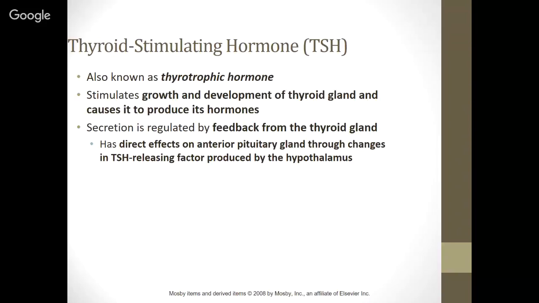So the hypothalamus produces TSH releasing factor, which causes thyroid stimulating hormone to be released, which goes to the thyroid gland, which then sends feedback when it's had enough back to the anterior pituitary and the hypothalamus to let it know to stop releasing TSH.